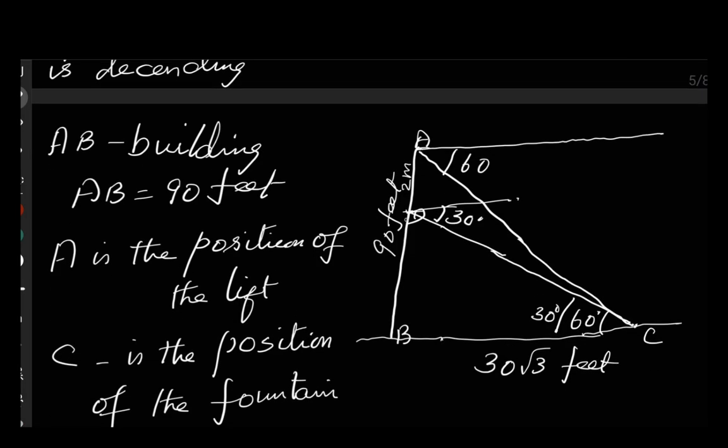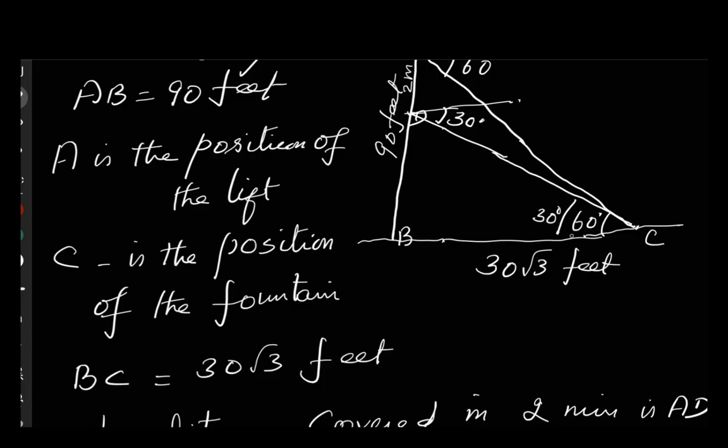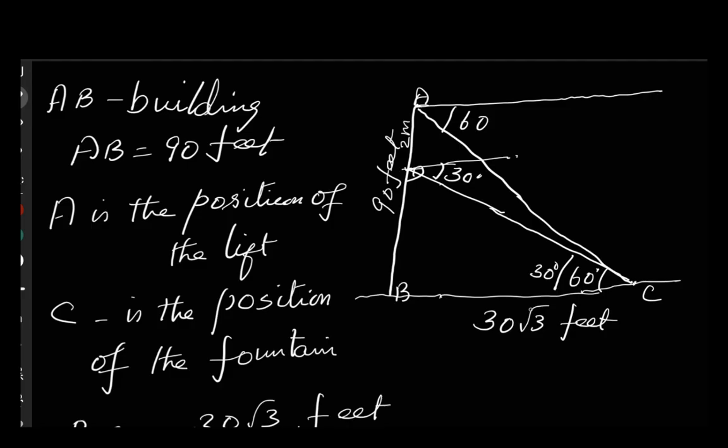The time taken to cover the distance AD we know, and you have to find the distance AD. For this we have two triangles, one with 60 degrees, one with 30 degrees. In the bigger 60-degree triangle, both sides AB and BC are given, AB 90 feet and BC 30√3.